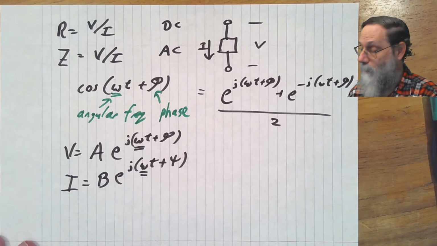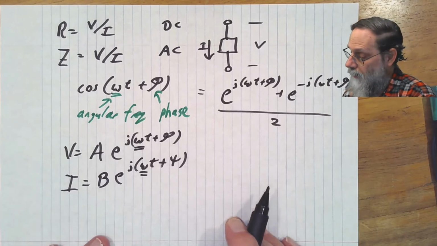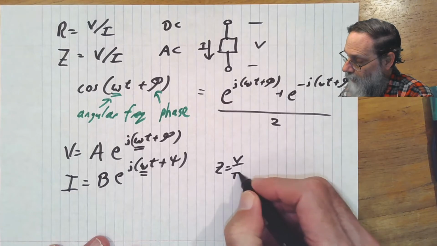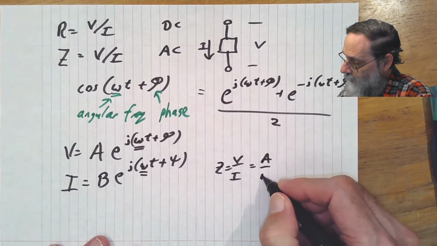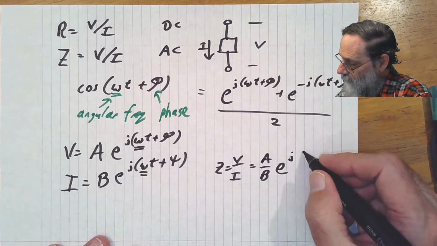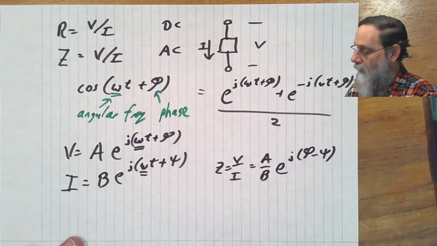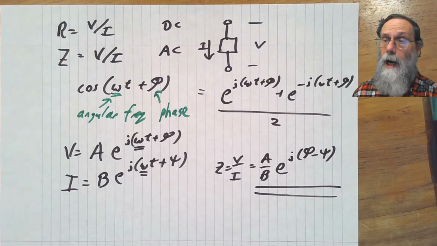And that means that if we do a division here, we get Z, which is V over I, being a over b times e to the j (phi minus c). Notice that there is no dependence on time there.